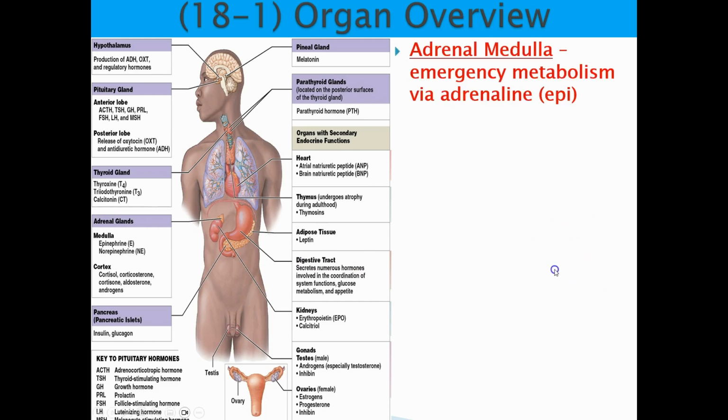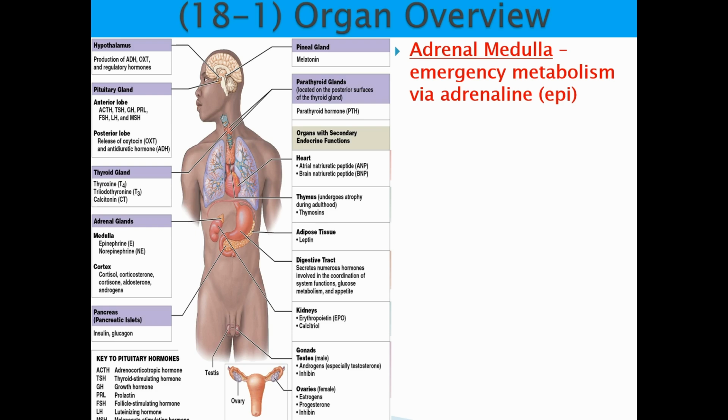And so we're going to just start with the adrenal medulla, and notice this is the emergency metabolism via adrenaline. And again, adrenaline is epinephrine, norepinephrine. So when I say anything about emergency metabolic activity or emergency metabolism, that's hands down the adrenal medulla, because you need to be thinking of those catecholamines. Notice I used a term from the last lecture, which is catecholamine, which is a tyrosine derivative, an amino acid derived hormone.